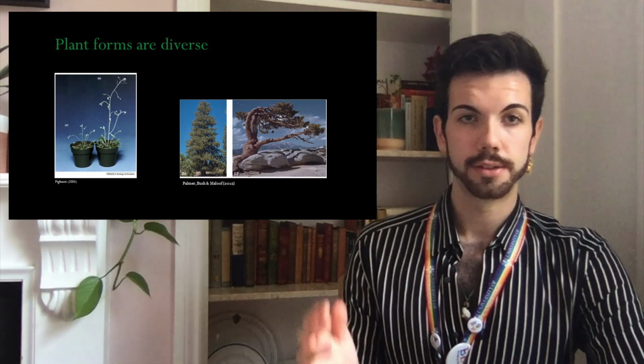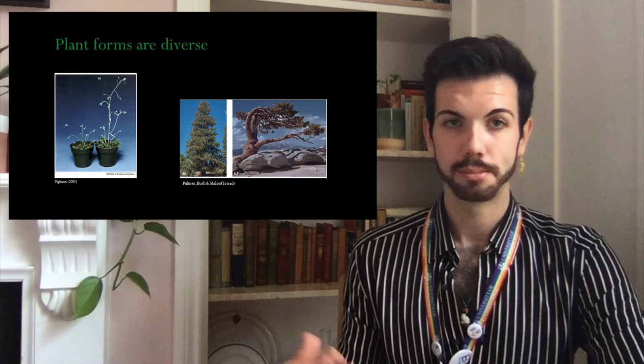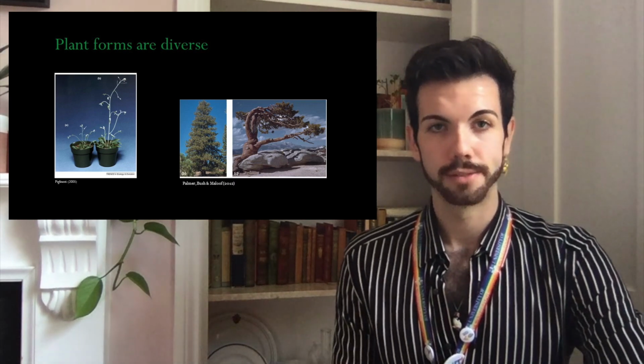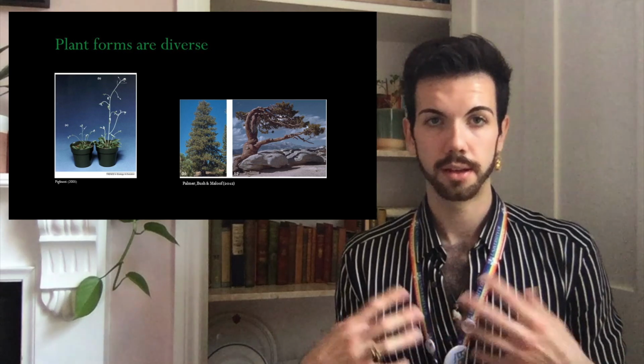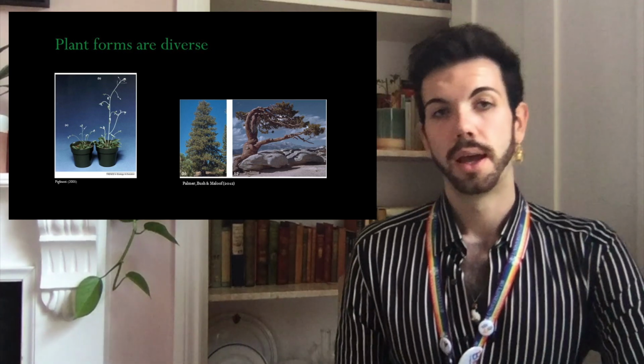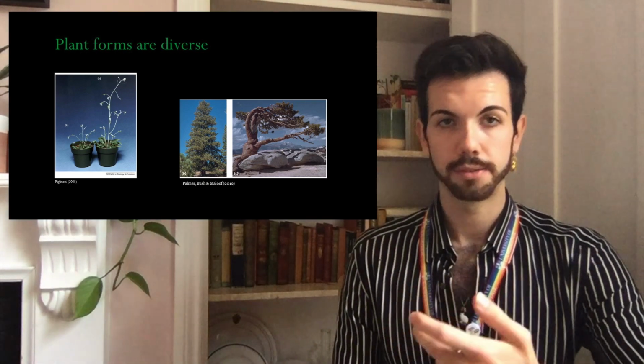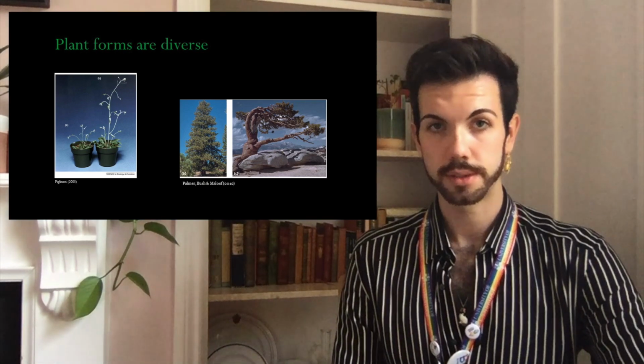So, you may have noticed, if you've been outside recently, though you may have been less so in the past 6 months, unfortunately, that plants have a huge diversity in their architecture and their forms. There's two demonstrations of that on the slide here. On the left, we have Arabidopsis, which is a model organism.